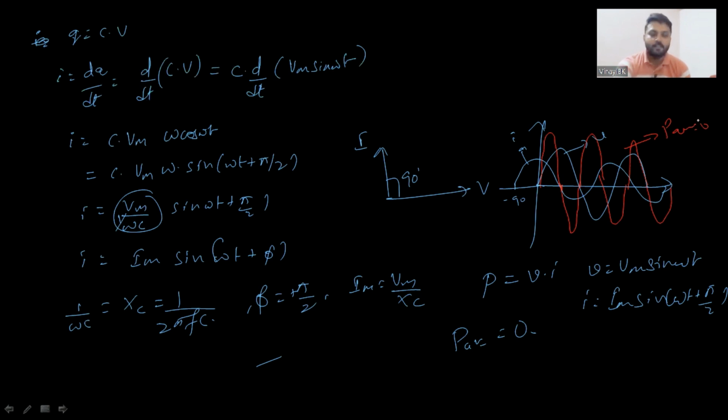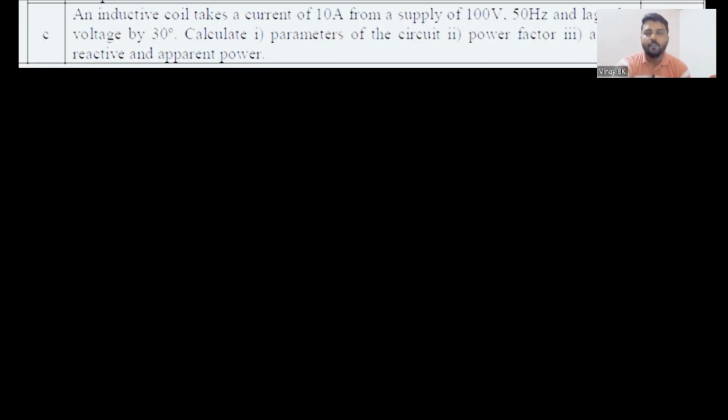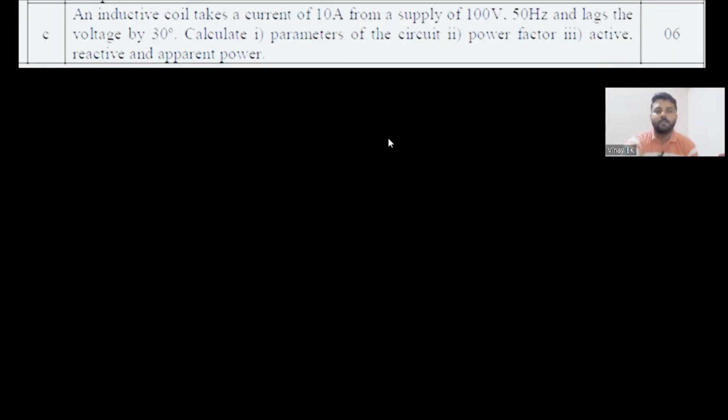And the third question. They have given a problem where you have to find the parameters of a circuit. They gave an inductive coil.